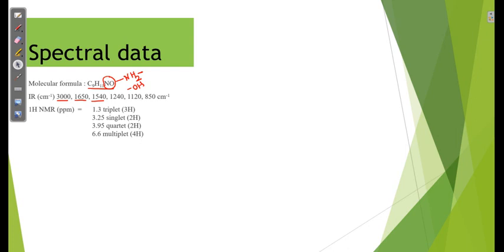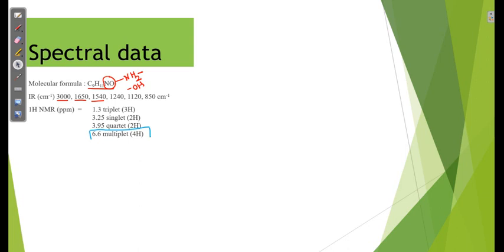In the case of NMR, all the signals are very important for us. Let us go ahead and try to find out from all the given spectroscopic data. This is very important data for us.